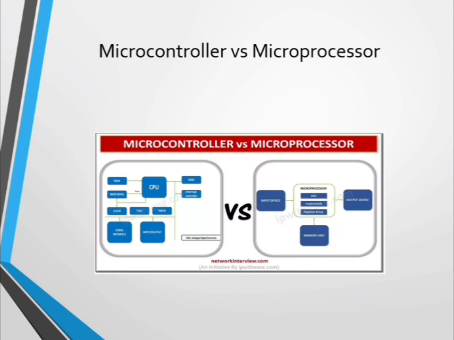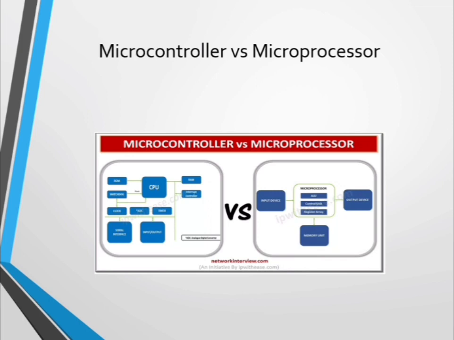Microcontrollers have on-chip memory, because of which the circuit is less complex, whereas the circuit is complex due to the external connections in a microprocessor. The memory and input-output components are available in the microcontroller, whereas they are to be connected externally in the case of a microprocessor.